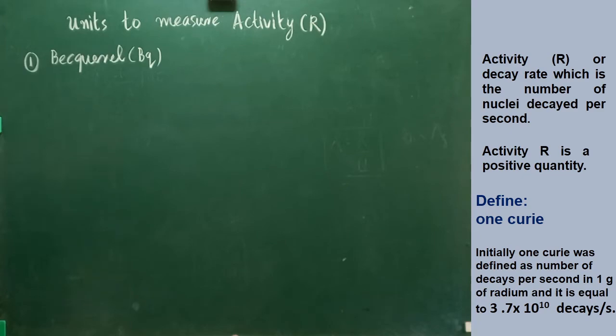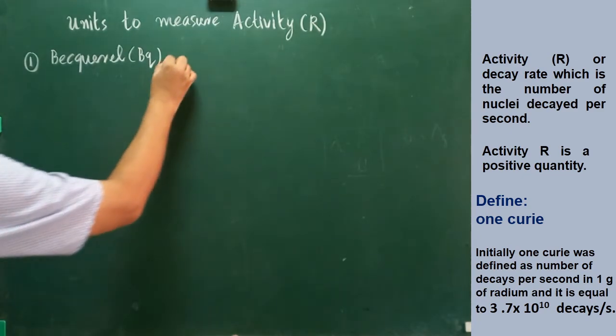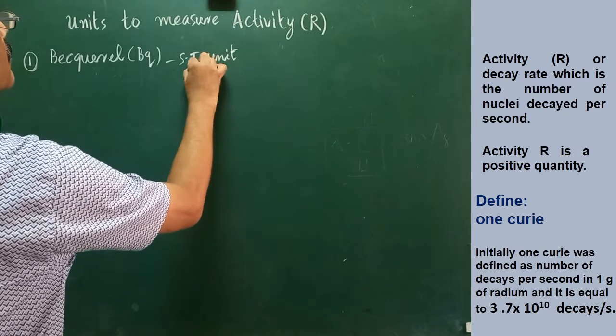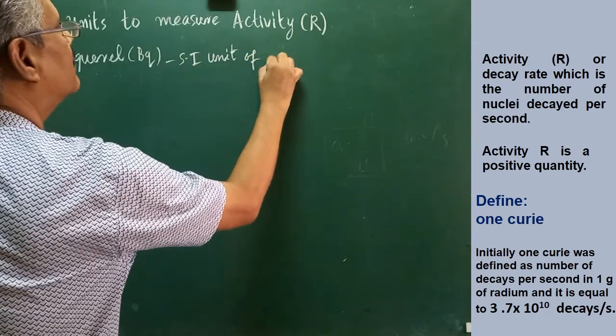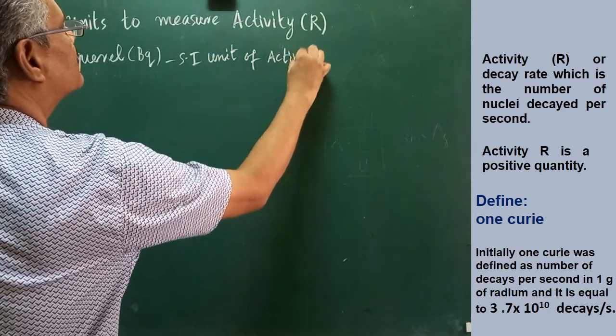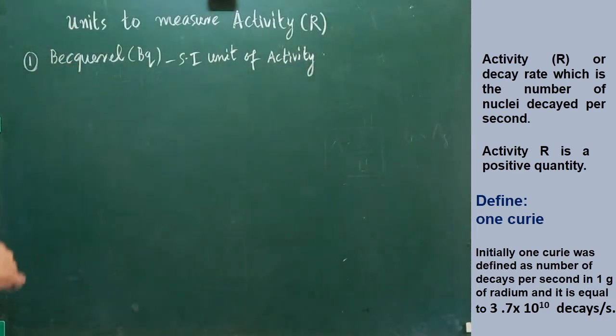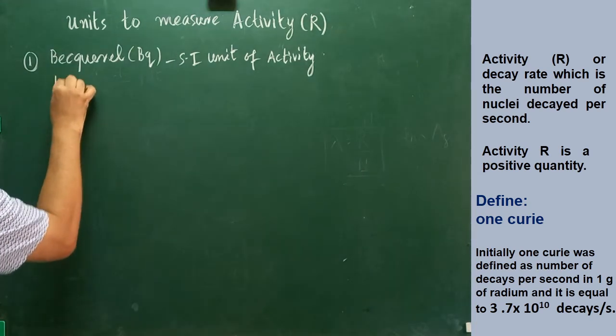This is called the SI unit. Very important one. If it is asked in the examination, you have to mention like this: the SI unit of activity is called becquerel. Now we have to learn what is 1 becquerel.